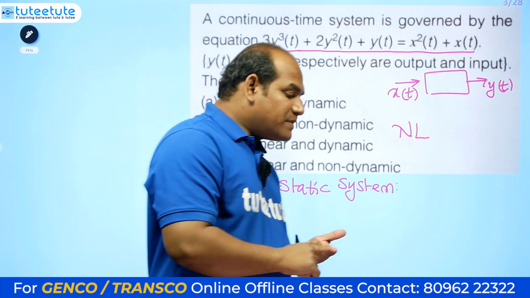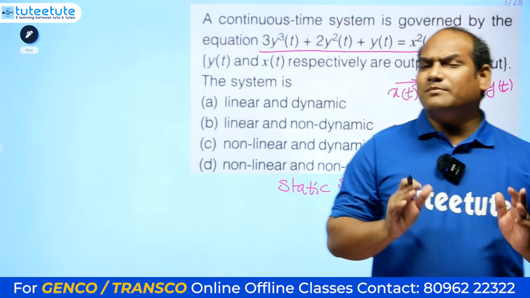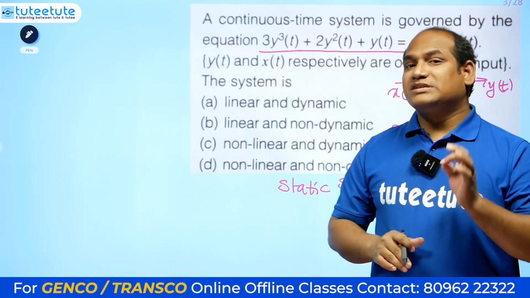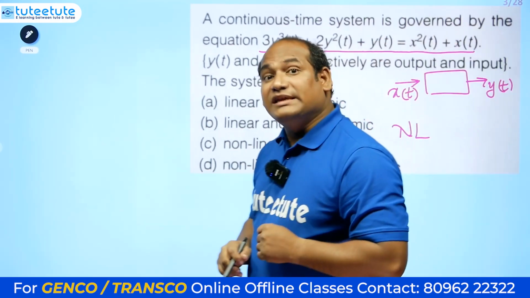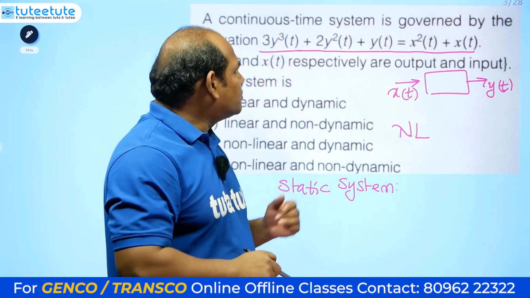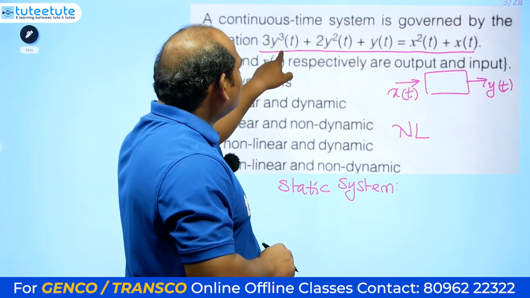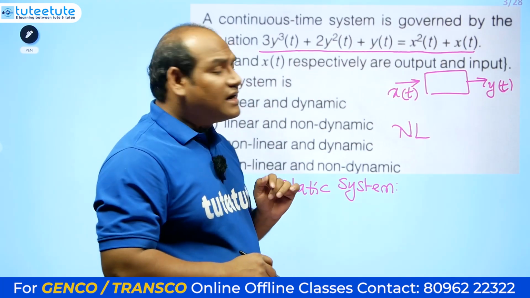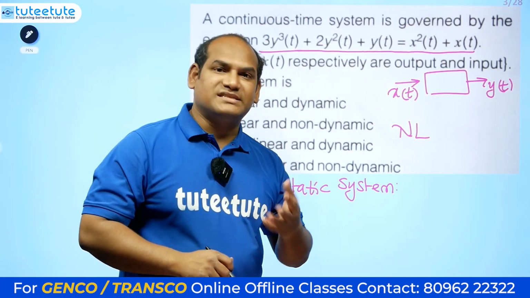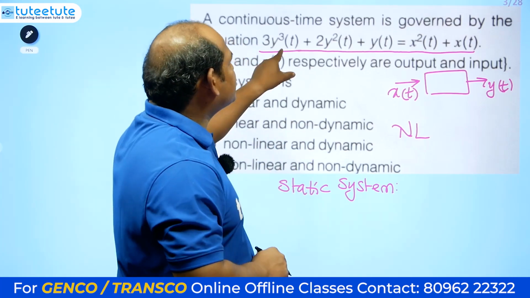If the present output depends only on the present input, then that particular system is the static system. This condition is satisfied by the given input-output relationship. You can see here everywhere we have t only. So for example, if you are calculating output at t is equal to 5 seconds, you need to substitute t is equal to 5.